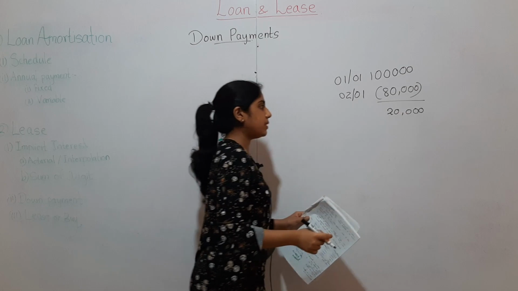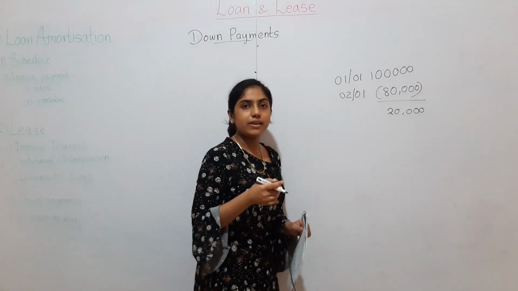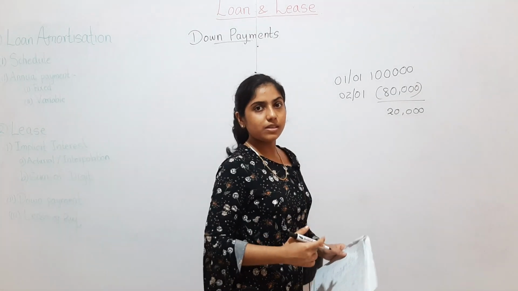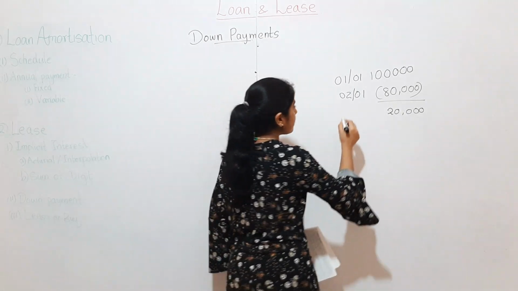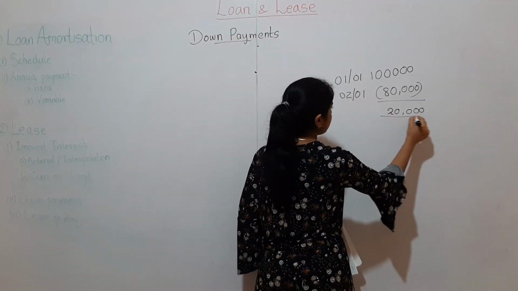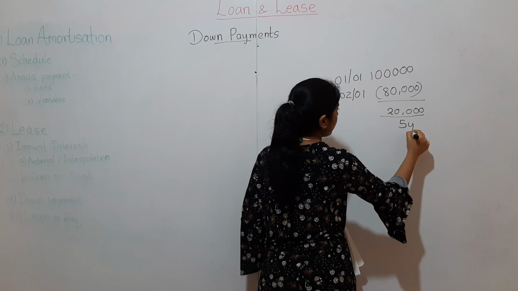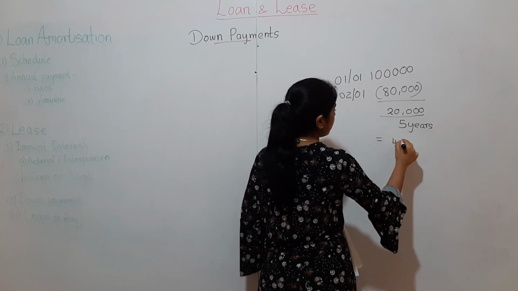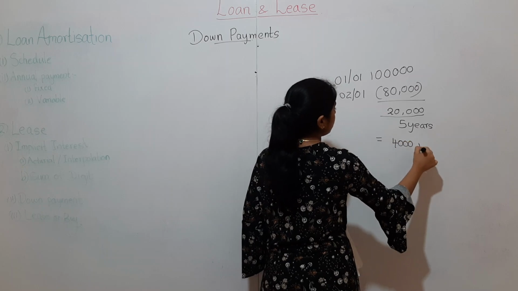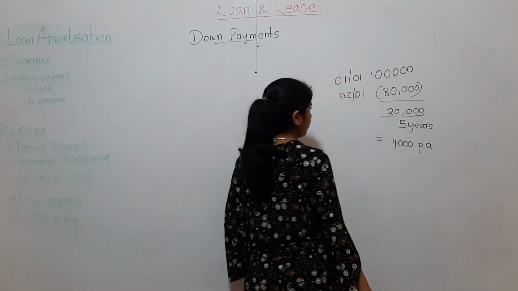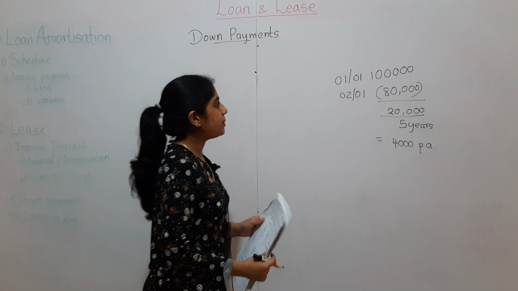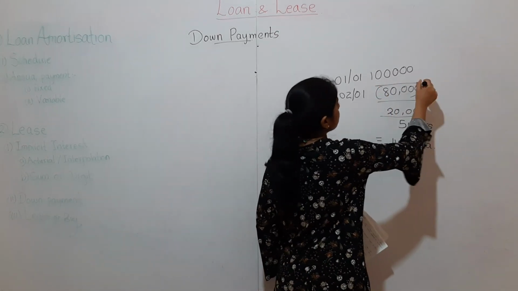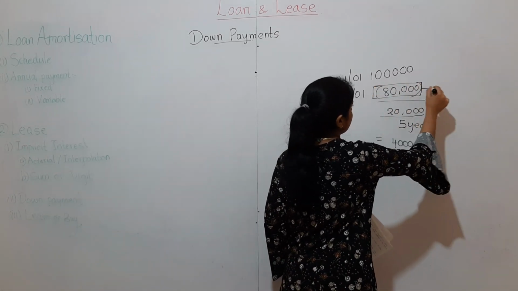The leasing company and he agree to pay it over a 5-year period. So this 20,000 will be split into 5 years and you will get your annual installment of 4,000. This 80,000 is called the down payment.